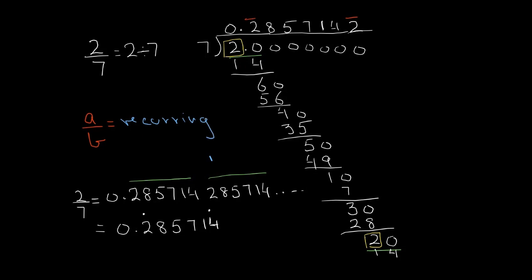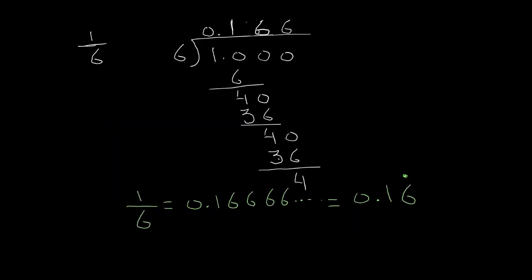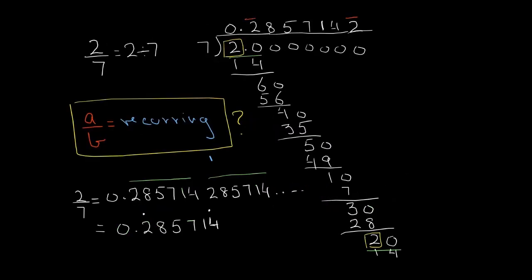So why is this true? Why are you guaranteed that when you have a fraction, you will get a recurring pattern, either with dots, or it will be finite? So you could have something like what we did last time, or something like this, which repeats. So I want you to think about these two questions.